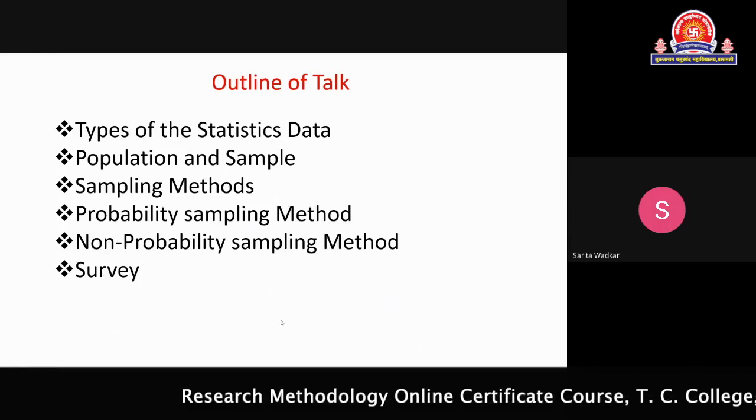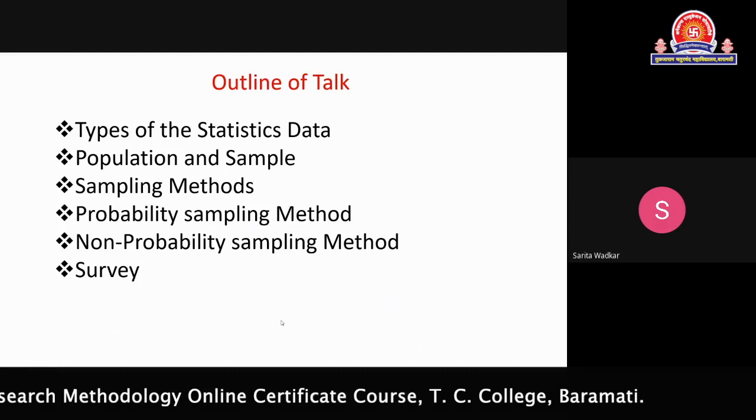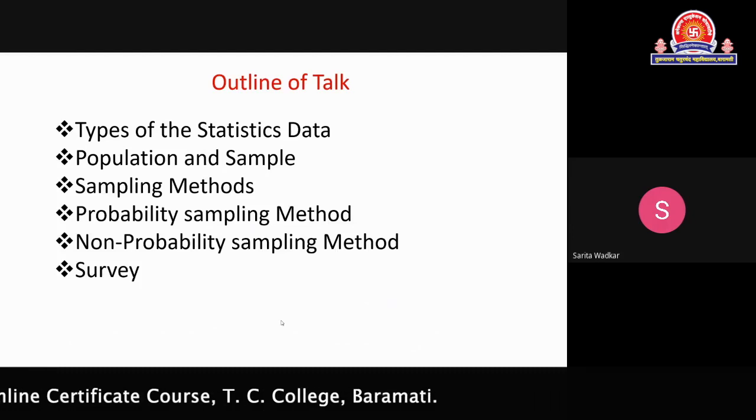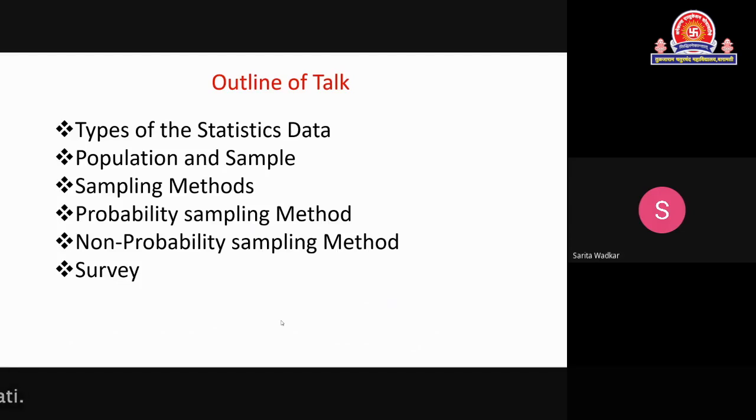So let us start. Research methodology is the specific procedure or techniques used to identify, select, process, and analyze information about a topic. In a research paper, the methodology section allows the reader to critically evaluate a study's overall validity and reliability.